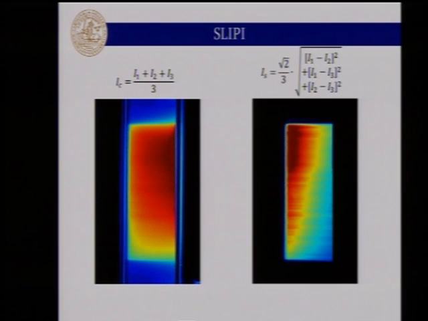And now if you apply the SLIPI equations, then you obtain this image. And you can see all the information from the sides of the cuvette is gone, the light scattering above and below is gone, and you can see the extension of the light as it propagates. And you can actually see also the profile of the light sheet, which is not homogeneous in this case.